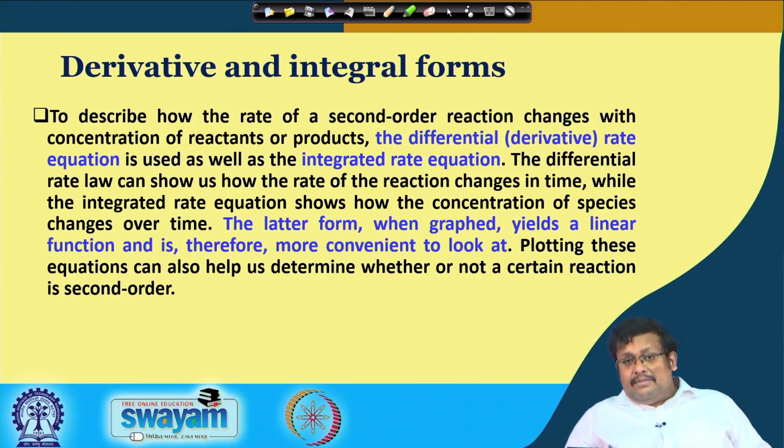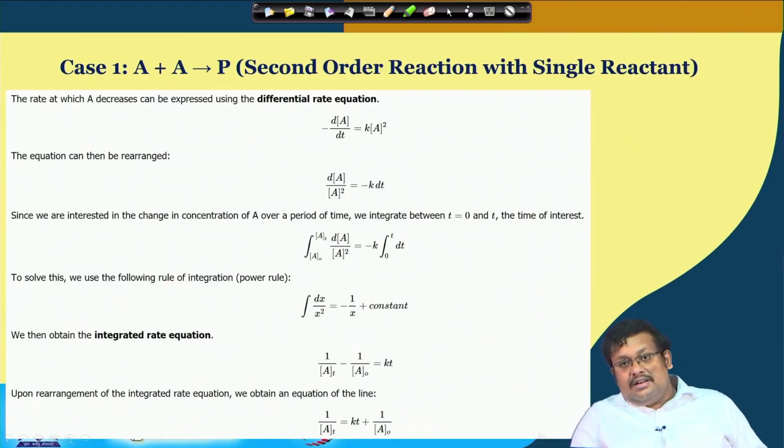The latter form, the integrated form, when graphed yields a linear function, as we will see, and is therefore more convenient to look at. Plotting these equations can also help us determine whether or not a certain reaction is second order.